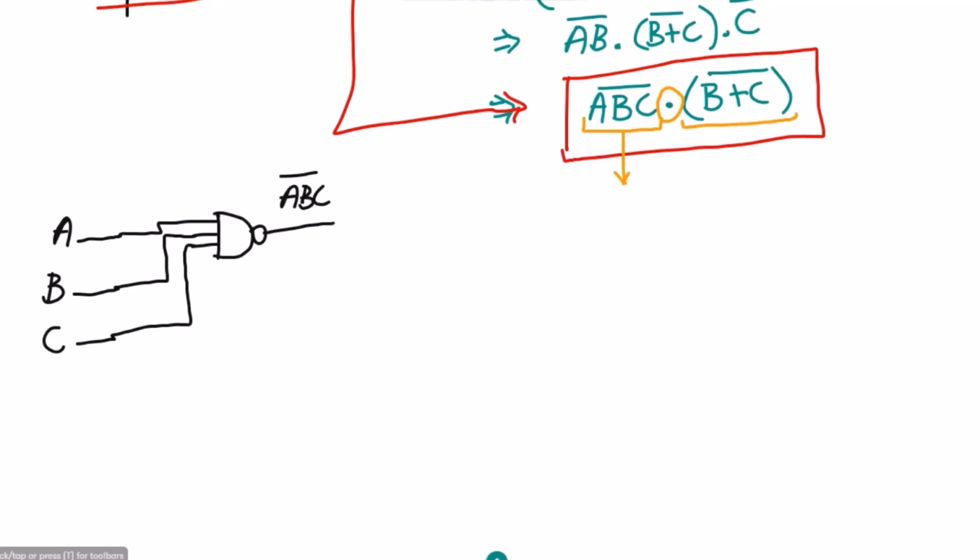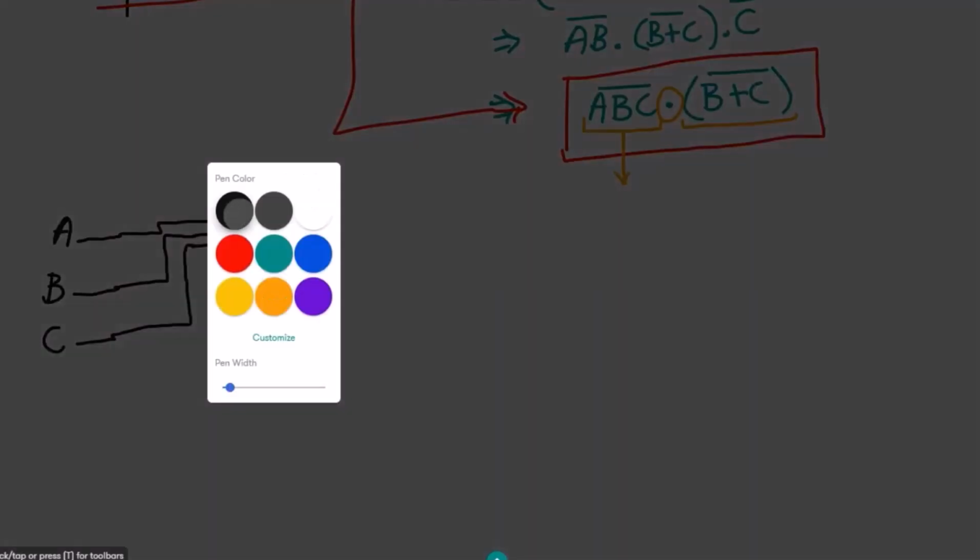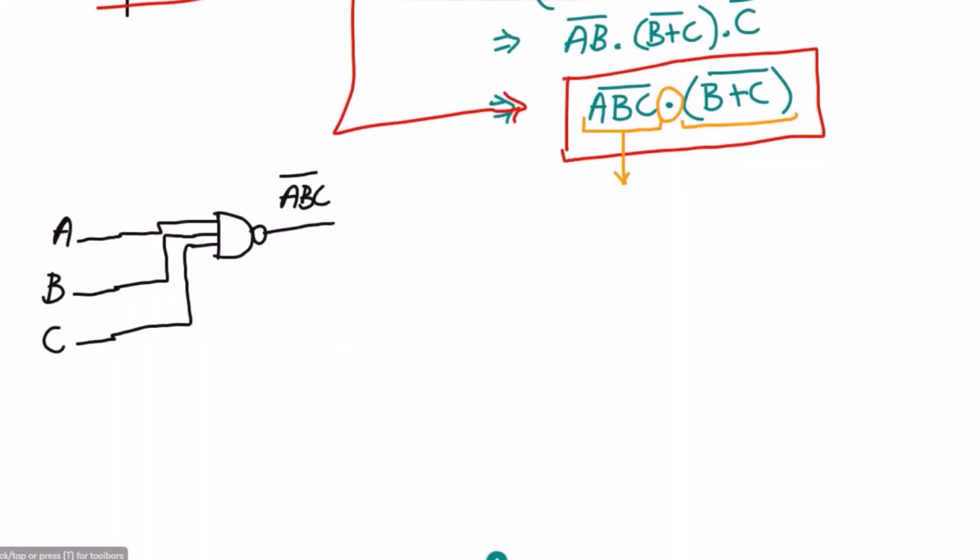Okay, after it, I have to find the B plus C whole complement, and in order to find this NOR gate from these NAND gates, I have to use two NAND gates, the two inputs NAND gates in which the two inputs are combined together.